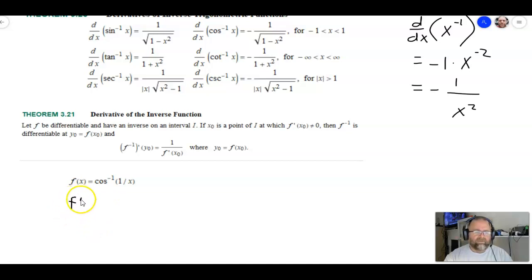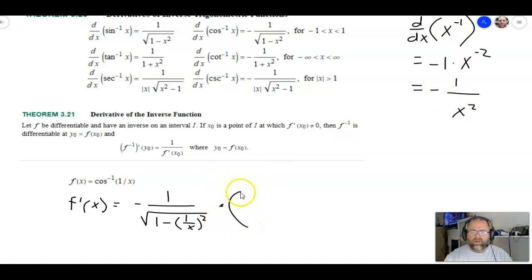So the derivative is going to be equal to -1 over the square root of 1 minus, remember we have to replace that x with 1 over x, squared, and then we have to multiply by the derivative of the inside function here, because we have to apply the chain rule. We already know the derivative of 1 over x is -1 over x squared.